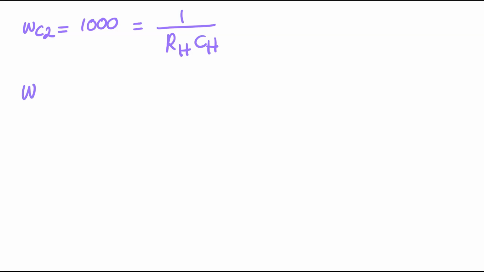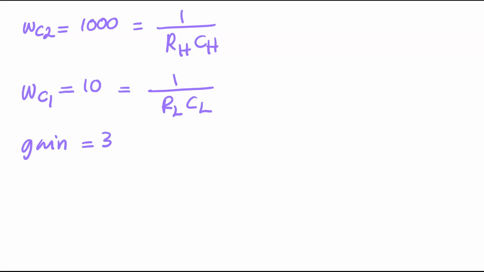The cutoff frequency of my low pass filter should be equal to omega C1, which is 100, so 1 over RL multiplied by CL should be equal to 100. My gain should be equal to 3. And I know that I can use C equal to 0.5 microfarad. Having all these equations and numbers, I can easily find all the parameters I need for designing.